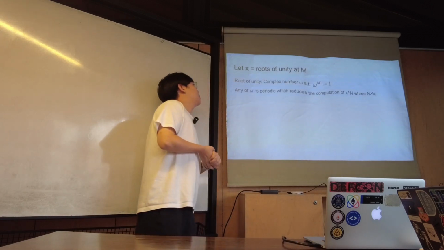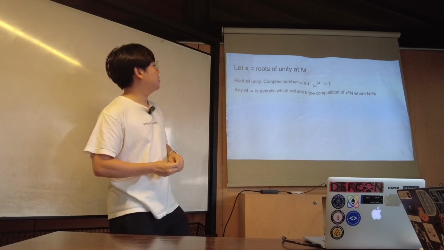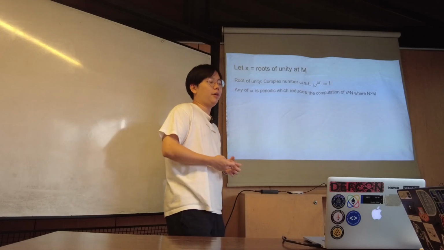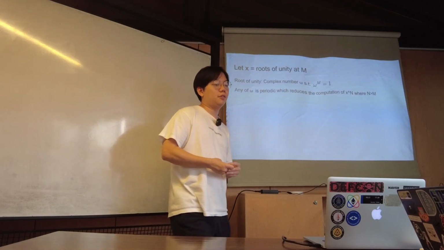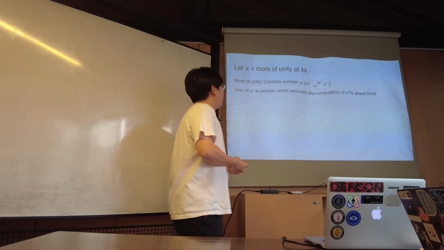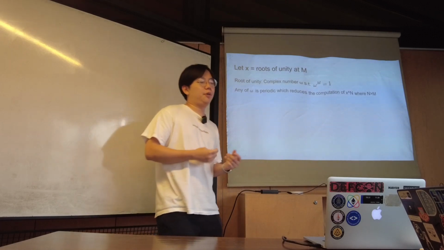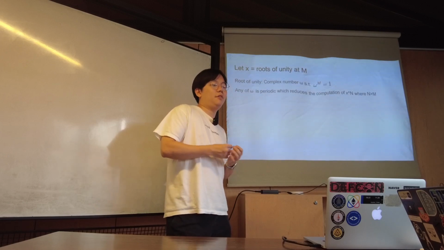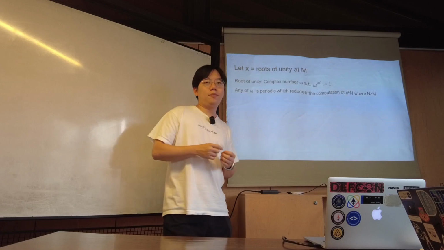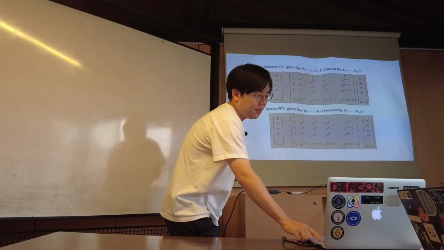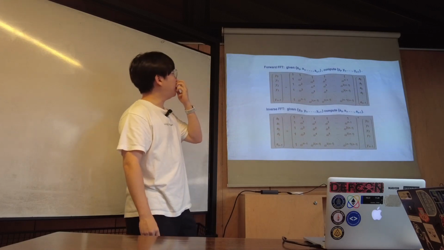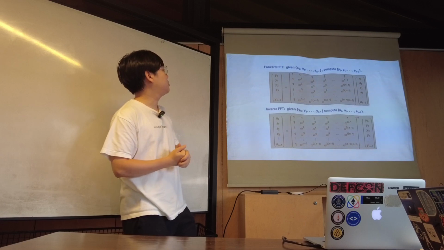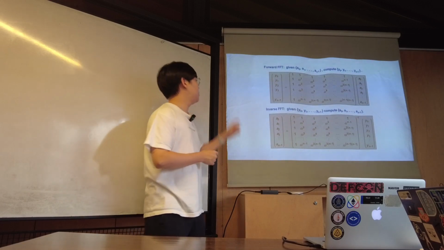If we set X to the roots of unity at m, the roots of unity are the complex number omega such that the power of omega is 1. Since the complex number is periodic, omega to the m makes it periodic. And if you convert that into a table, giving the representation of how the FFT looks like in the matrix multiplication, you get this kind of matrix.